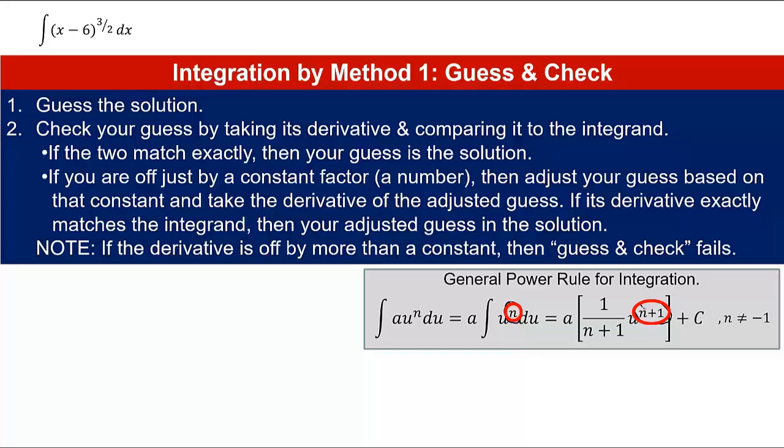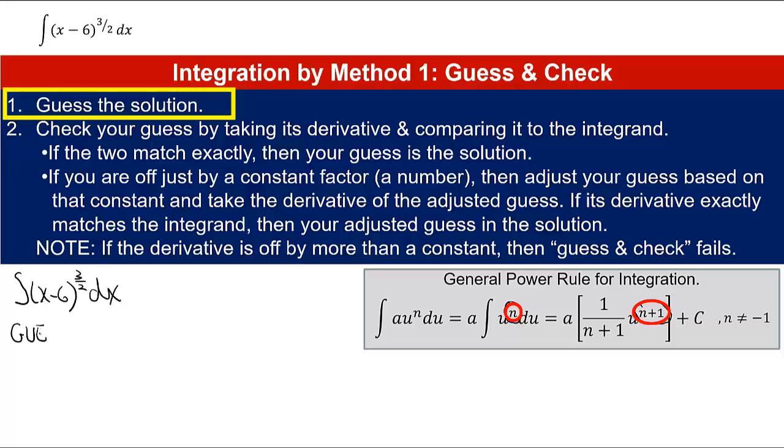So when I'm doing this problem, I'm going to guess, let me just copy it back down here for easier viewing, that this solution will look like x minus 6 to the 1 higher power than 3/2.